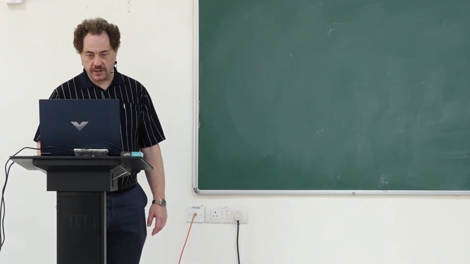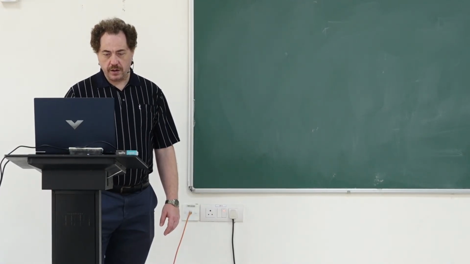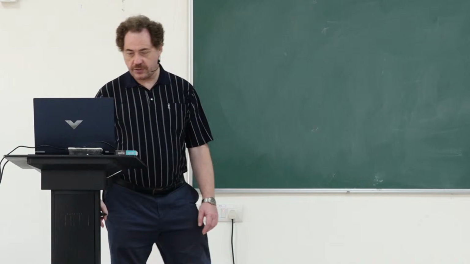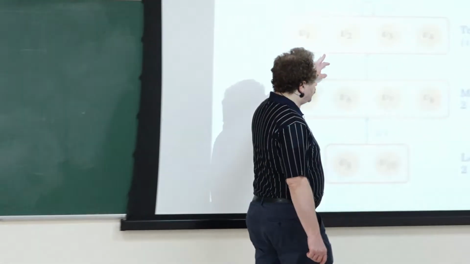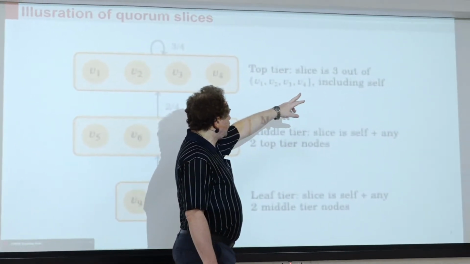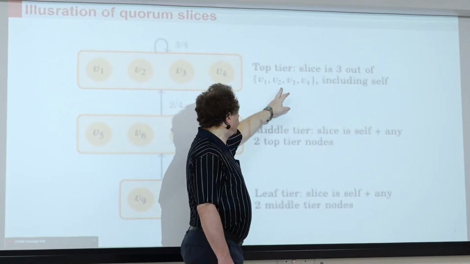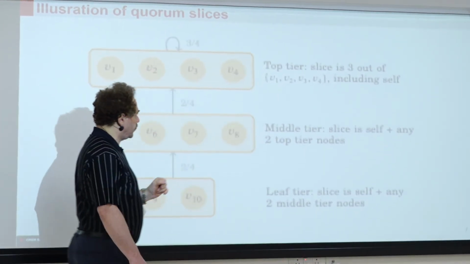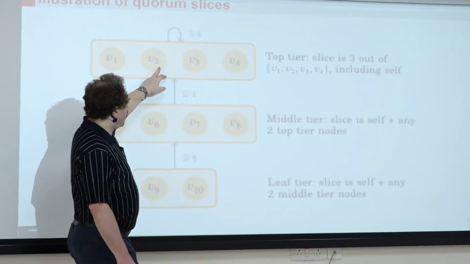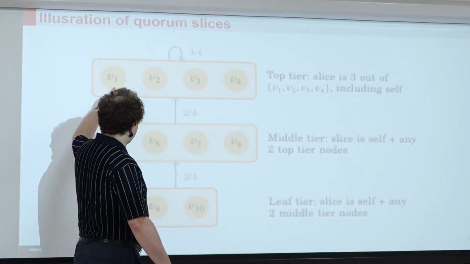Let's take a look at another example. Here we have 10 nodes, and they are divided as follows. The first 4 nodes want a slice out of V2, V3, V4, including itself. So that's the rule. V2 would want V2 and 2 additional nodes from this subset.